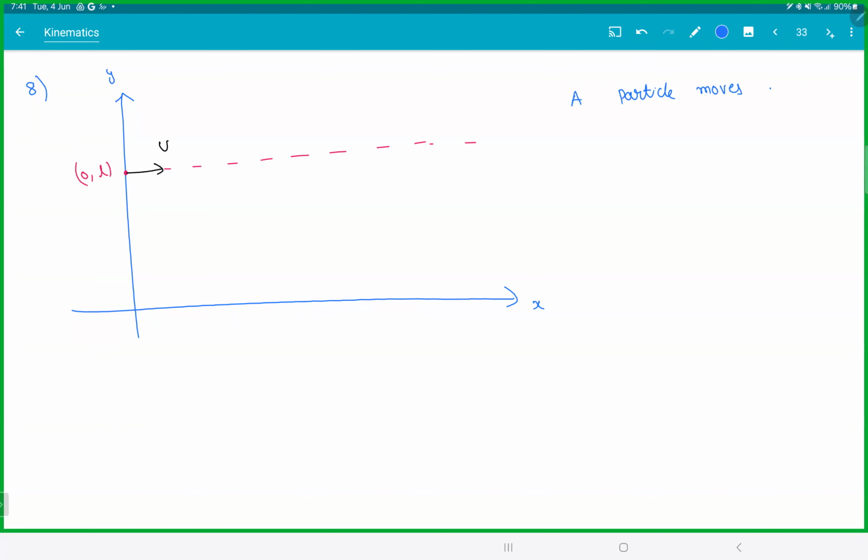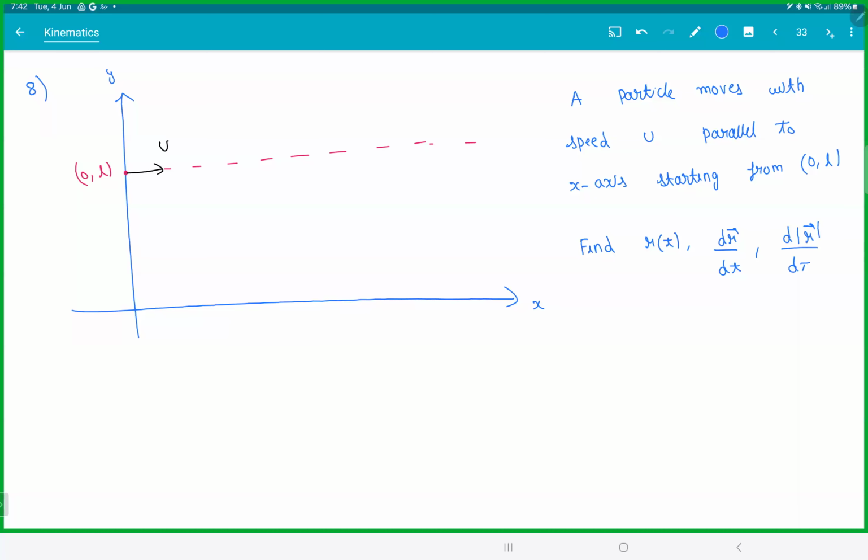A particle moves with speed u parallel to the x-axis, starting from (0, L). So it's at a height. Find the position vector, find dr by dt, and find d mod r by dt.